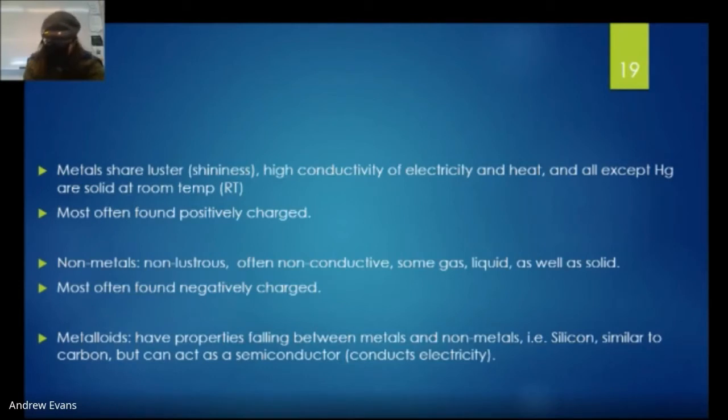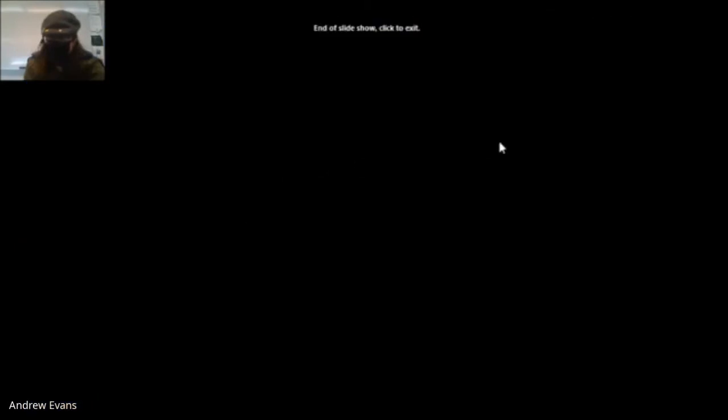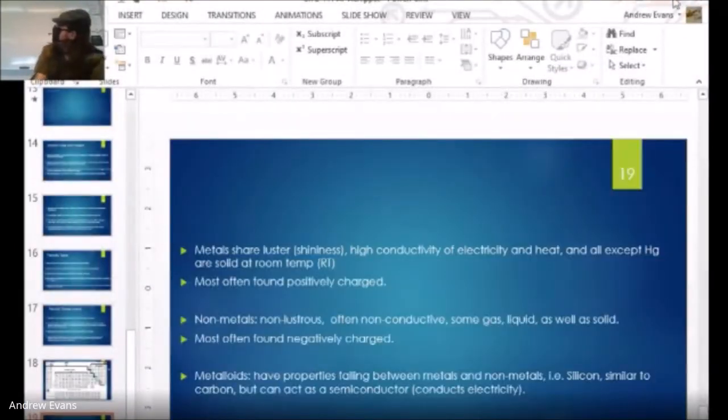You'll be able to recognize some of the simple things. We're going to be looking at bonds between metal and non-metal, and next chapter also bonds between two different non-metals, because those are going to be named differently because they have different properties. And so you need to at least be able to recognize what each one is.